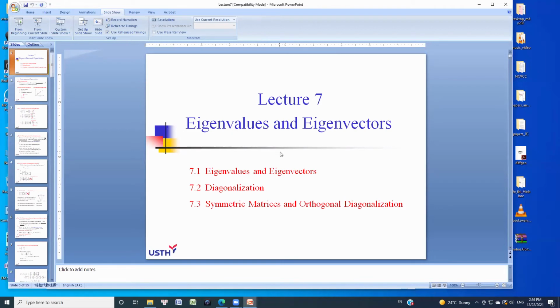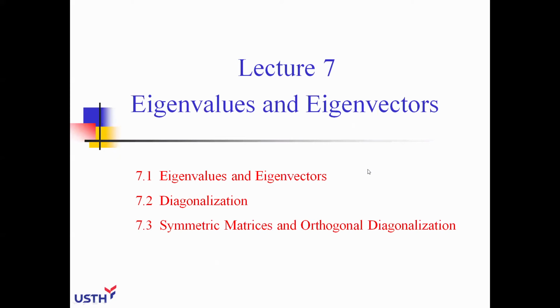So you see, lecture number 7, if you look at the title, is eigenvalue and eigenvector, which we studied several weeks ago. However, the main object of lecture number 7 is diagonalization and orthogonal diagonalization, chéo hóa và chéo hóa trực giao. That is what we need to study in lecture number 7.